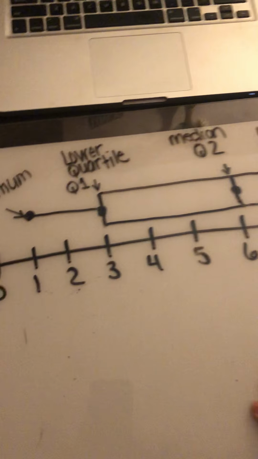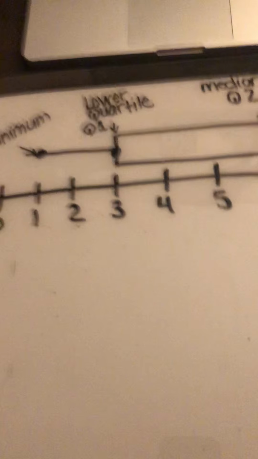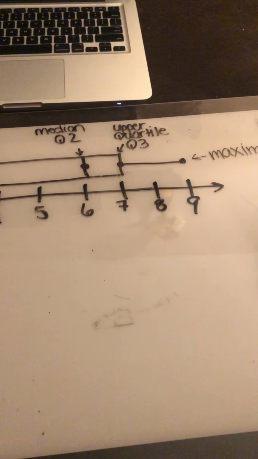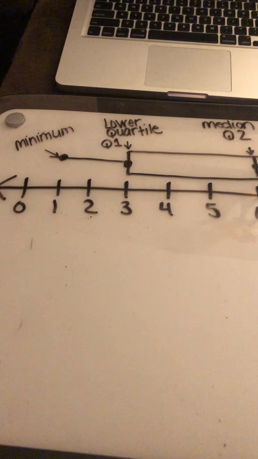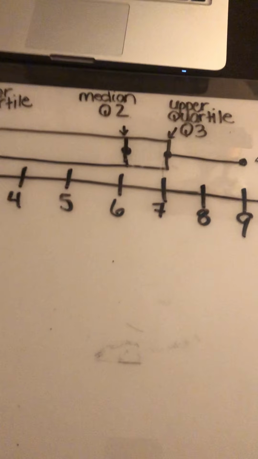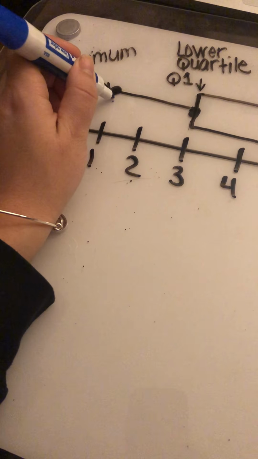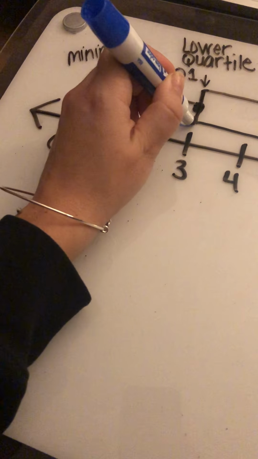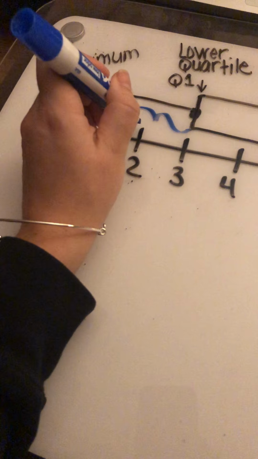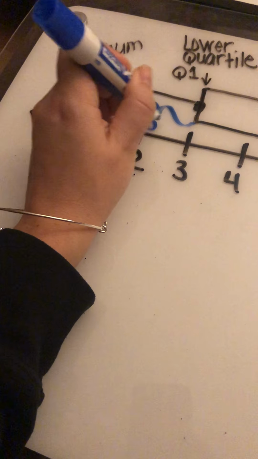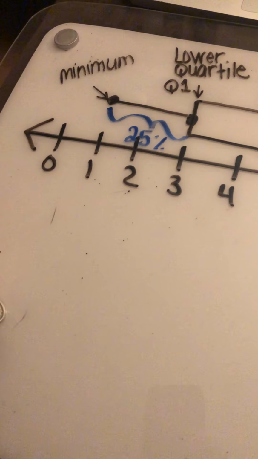Something else to know is that we can break this box plot up into 4 sections. For example, from the minimum to quartile 1, this is going to be 25% of your data.